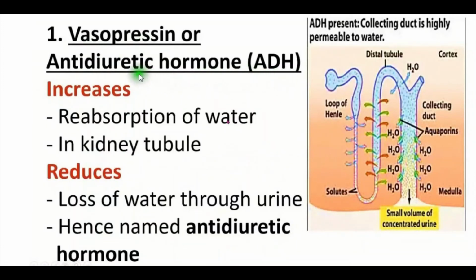This hormone is secreted by the posterior lobe of the pituitary. ADH increases reabsorption of water in kidney tubules, such as the loop of Henle and distal tubule.